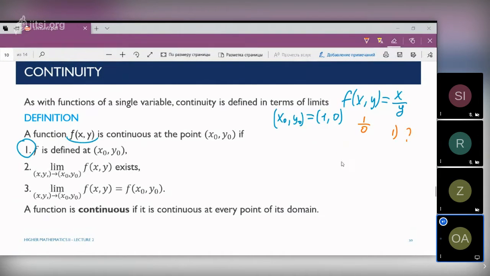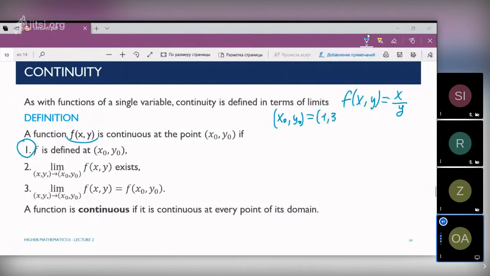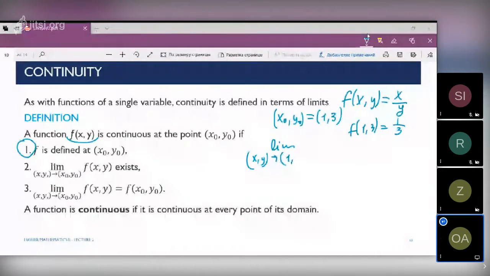For example, we can check this function at another point, not 0. Let us choose another point, (1,3). The value of the function f(1,3) equals 1 over 3. Then the limit when (x,y) tends to (1,3) of x over y is 1 over 3.